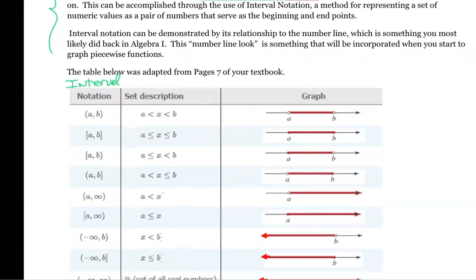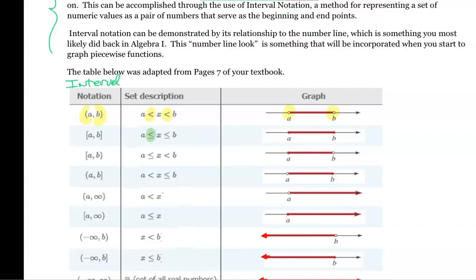Okay, so look what we have here. The first set description, what I'm seeing here, is that I have strict inequalities. Strict inequalities mean I have open circles. My function cannot equal those values, and I have parens, which indicate I get close to A and B, but I never equal B or A. Look at the next example.